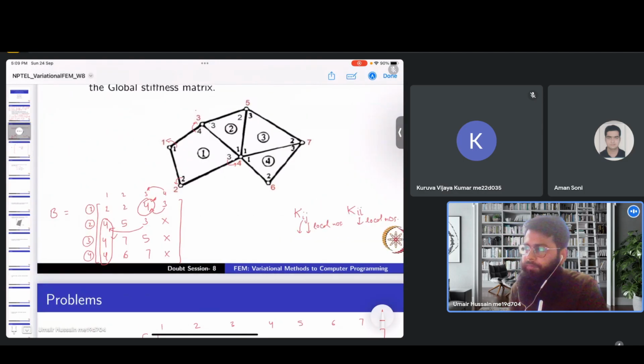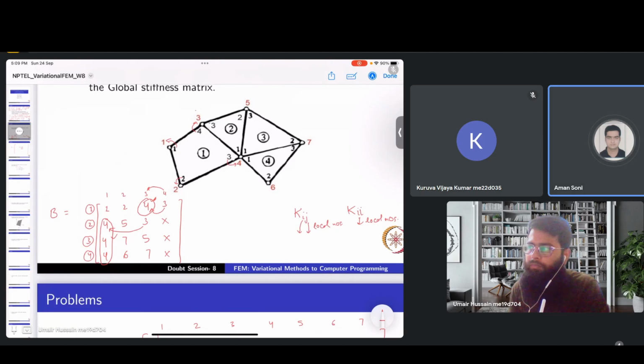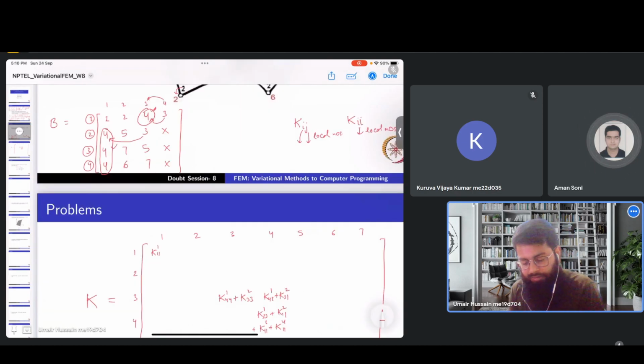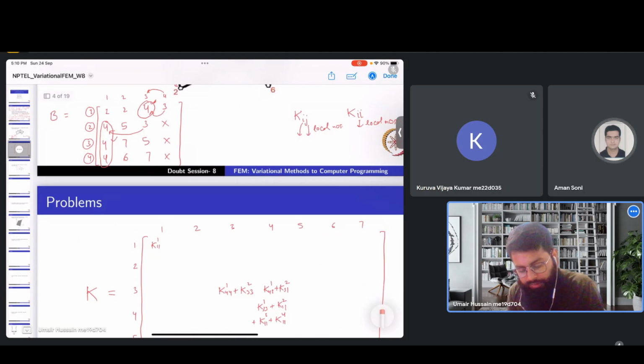Global entry 1 6. You see 1 and 6 are not connected within any element. That means there is no contribution of 1 6. So it's zero.